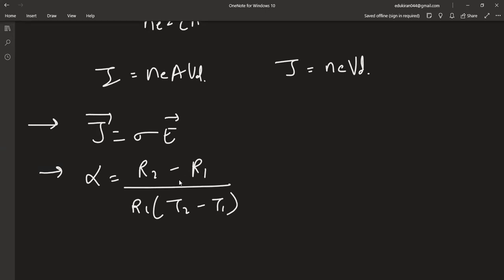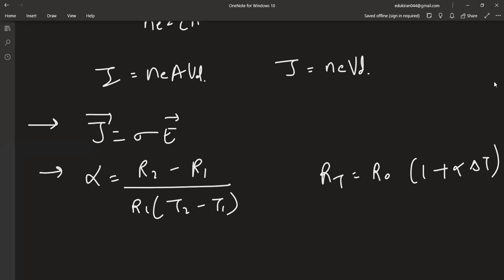It is defined as the change in resistance per unit original resistance per degree rise in temperature. And you have the main formula also: R at temperature T is equal to R naught into 1 plus alpha delta T, whatever is the temperature change.